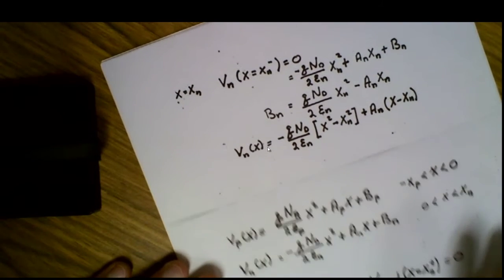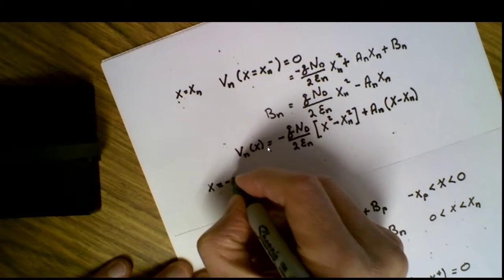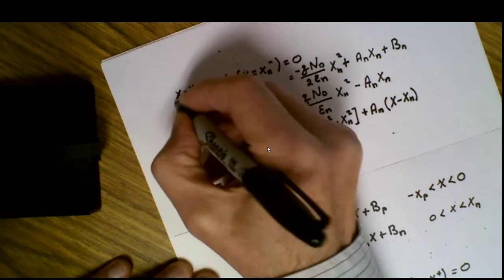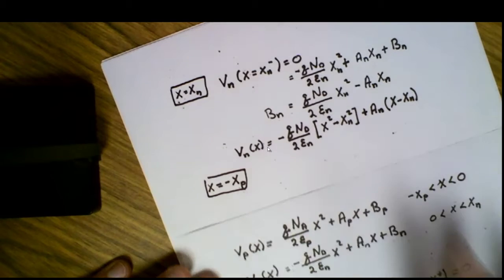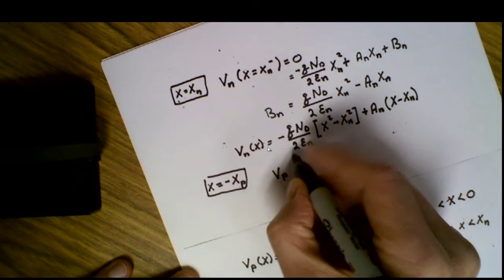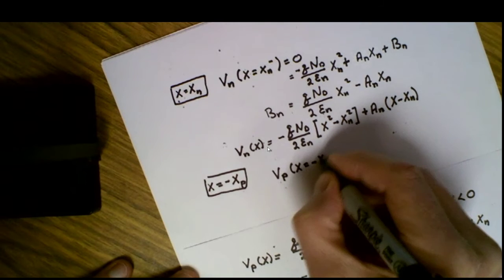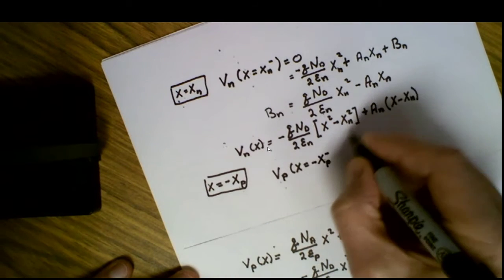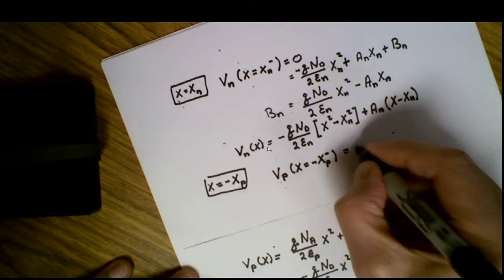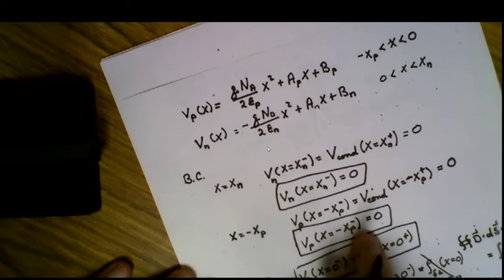Now let's look at the case where x is equal to x sub p, or I should say minus x sub p. For this boundary, we have the potential v sub p at x is equal to minus x sub p, and that's going to be equal to 0. So that's the boundary condition itself.